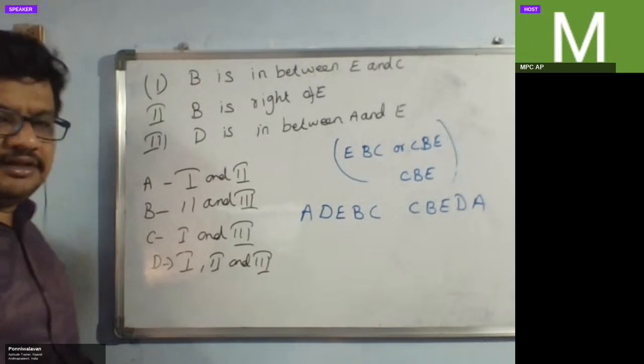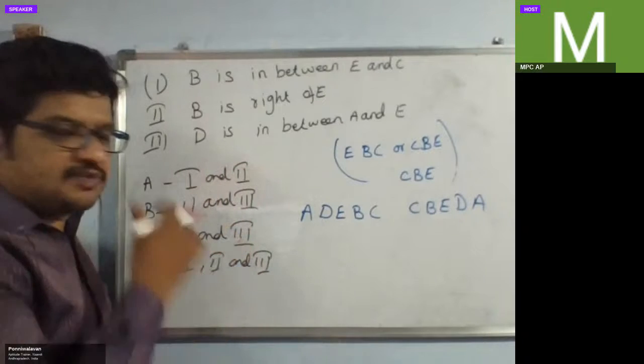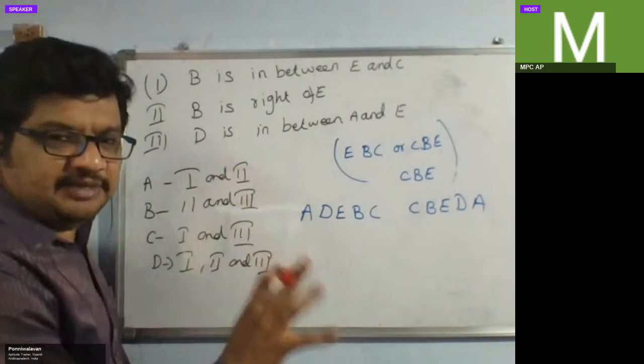Yes or no? From 1 and 3, is it possible to find who is sitting in the middle?